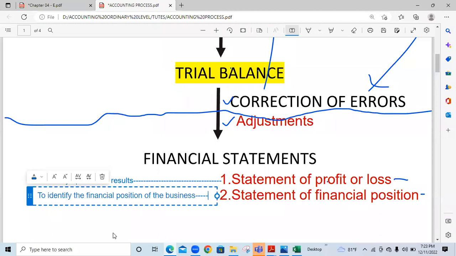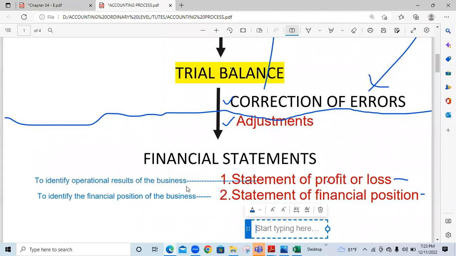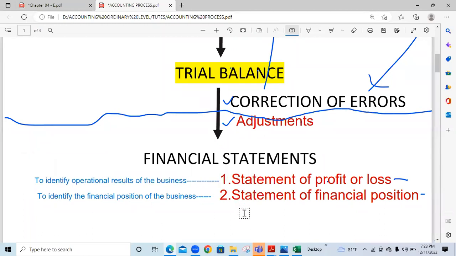If they ask you the purpose, financial position means in terms of what? In terms of three things. What are those three, please? In terms of what three things are you trying to find the position? Asset, equity, and liability. Very good. You're trying to find the position of the business in terms of asset, liability, and equity.